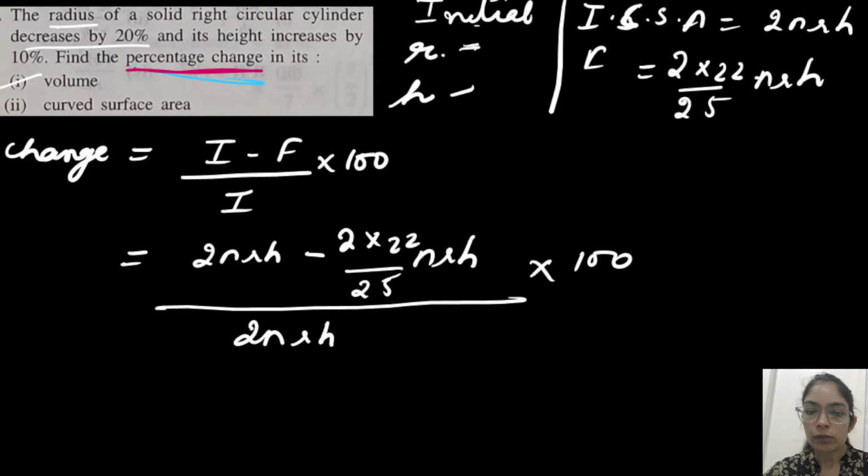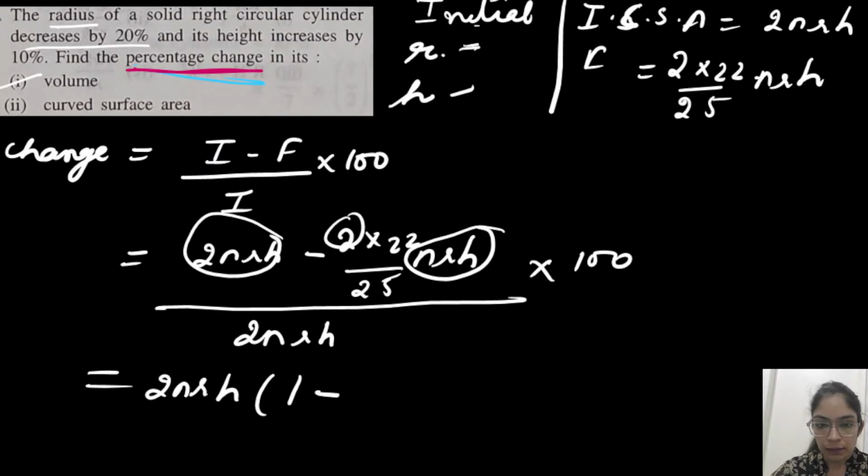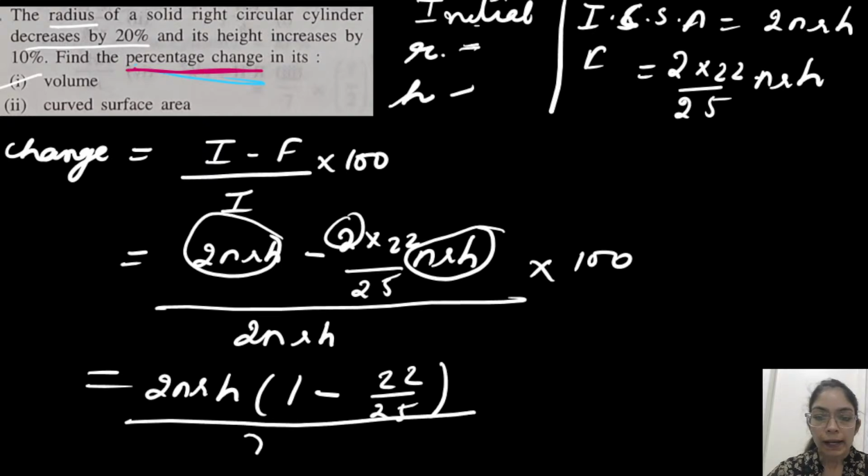So 2 pi RH full will take common. When I am taking 2 pi RH common, inside I am left with 1 minus 22 by 25, by 2 pi RH into 100.